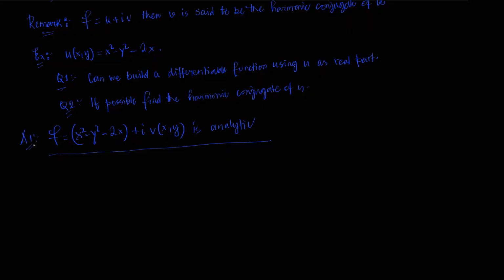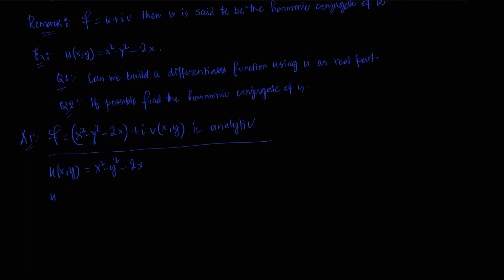First answer. If this function is differentiable, what do we know? What is u of xy here? u of xy is nothing but x square minus y square minus 2x, right? In this case, we are guaranteed that it satisfies the CR equations, but it also satisfies the Laplace equation.